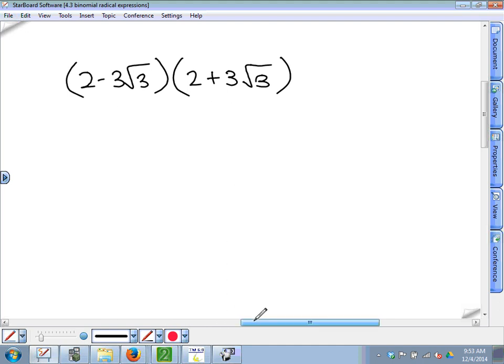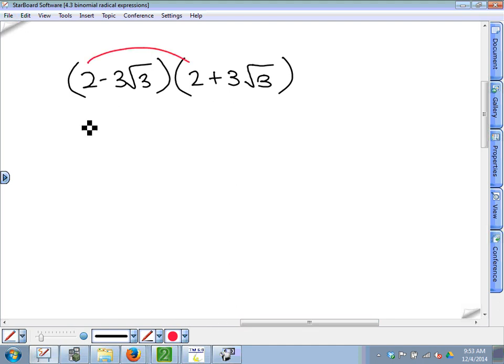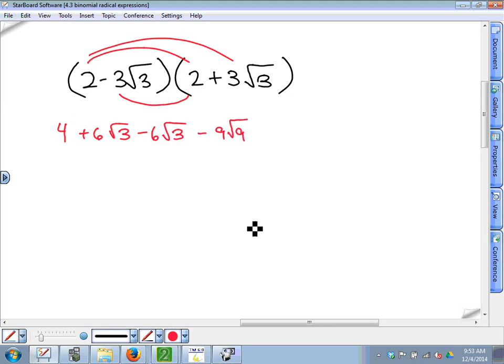If you were just to multiply this using the traditional distributive way, 2 times 2 is 4, 2 times 3 root 3 is 6 root 3, negative 3 root 3 times 2 is negative 6 root 3, and then here you get negative 9 times the square root of 9 when you multiply here and here. Knowing that these are conjugates, though, the middle terms are always going to cancel each other out. Always. If you're multiplying 2 conjugates together, the middle terms are always going to cancel each other out.